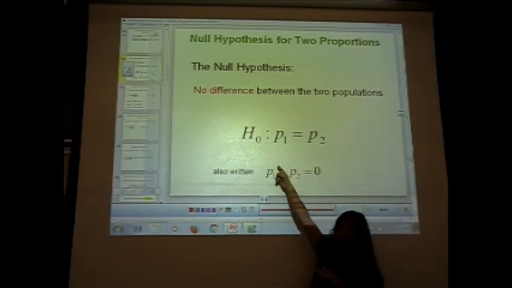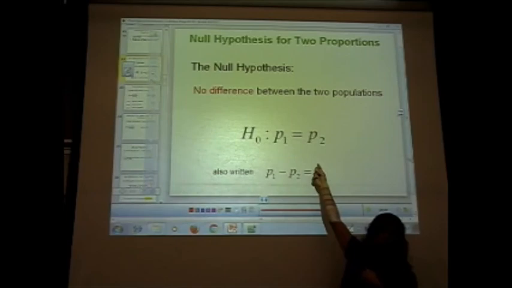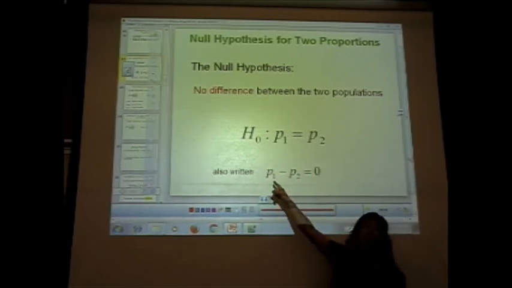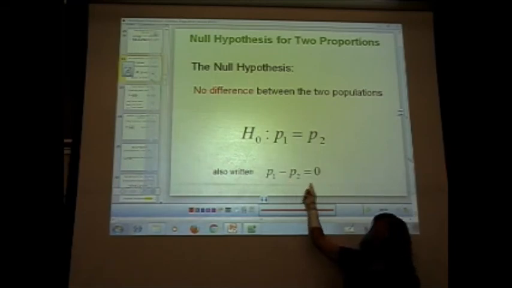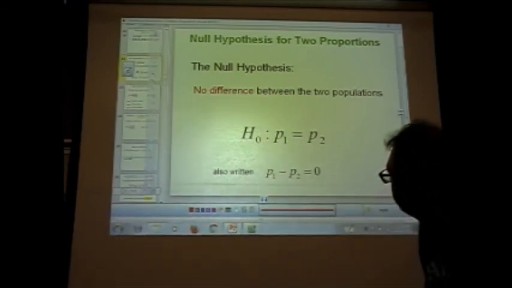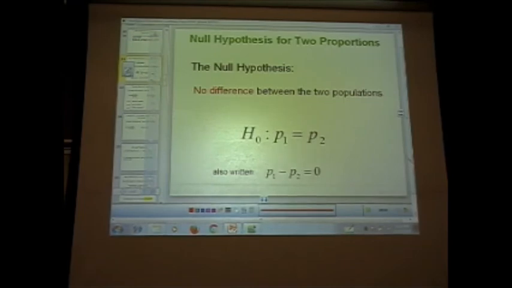So their proportion equals these guys' proportion. It's also written as P1 minus P2 equals 0, because if they're the same, if you subtract them, you should get 0. Make sense? Are you on board with that part? Okay, so there's two differences. The first thing is in the null hypothesis, it says that the first proportion equals the second proportion for the whole population.